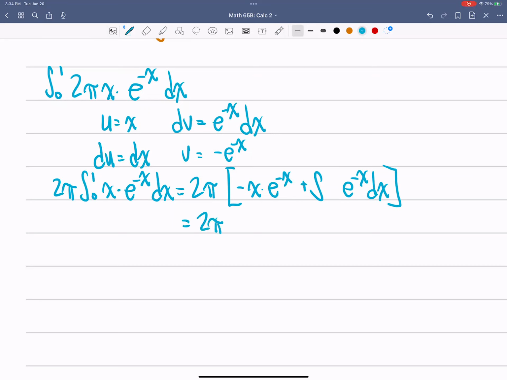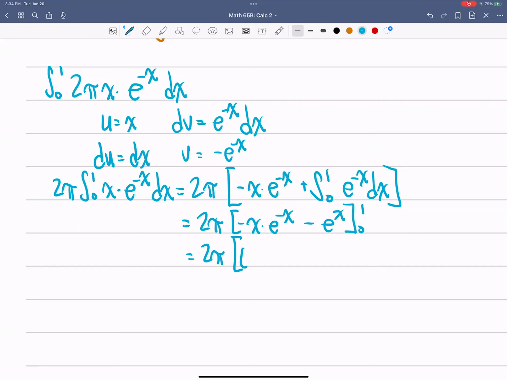2 pi times negative x e to the negative x. And the integral is going to be negative e to the negative x. Evaluate it from 0 to 1. 2 pi times, let's evaluate at 1 first.